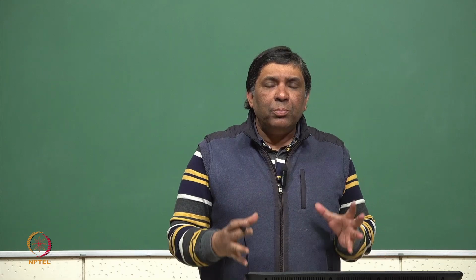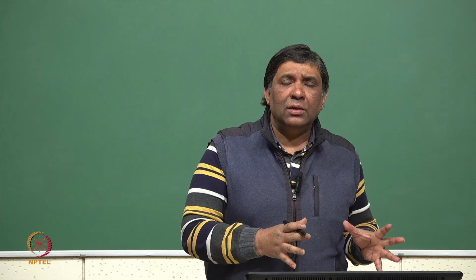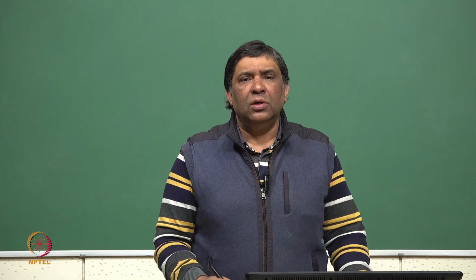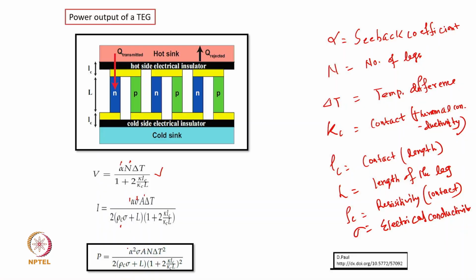So, the power output of such a generator having n number of legs depends again on the Seebeck coefficient, electrical conductivity, area, number of legs, and the difference in temperature, that means Th minus Tc.